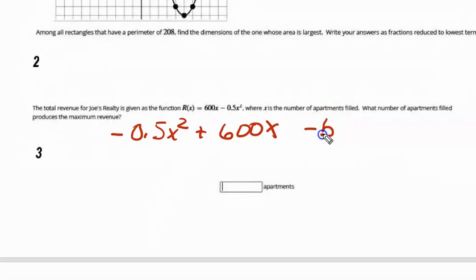So negative b over 2a. Our b value is 600, so negative b would be negative 600. Our a is negative 0.5, so twice that actually gives us negative 1. So this answer here would be 600 apartments.